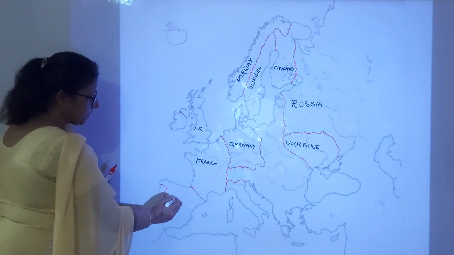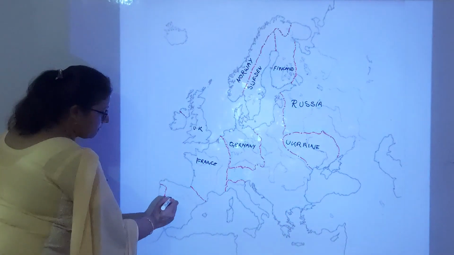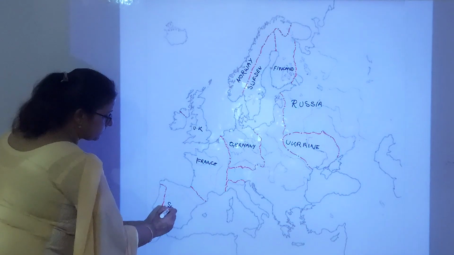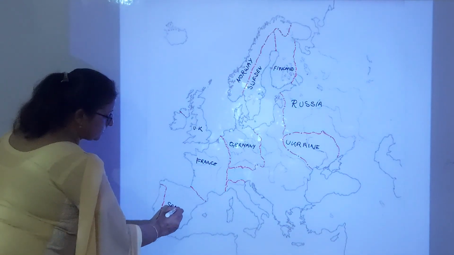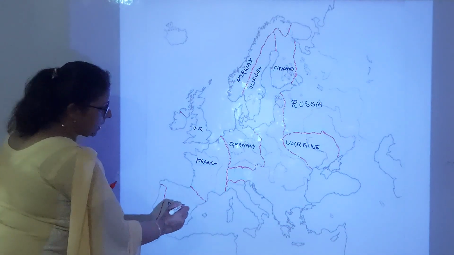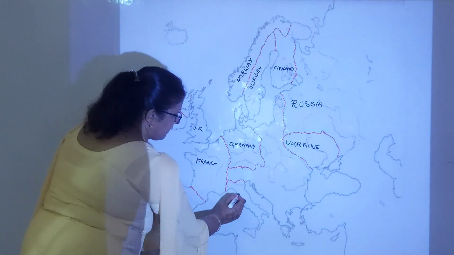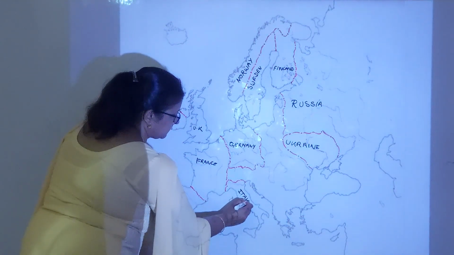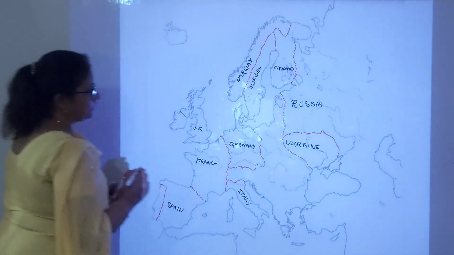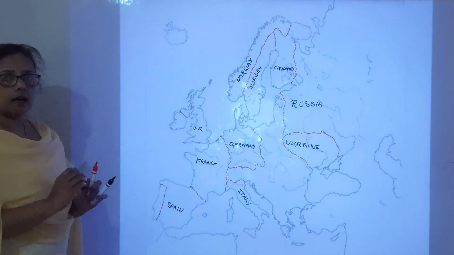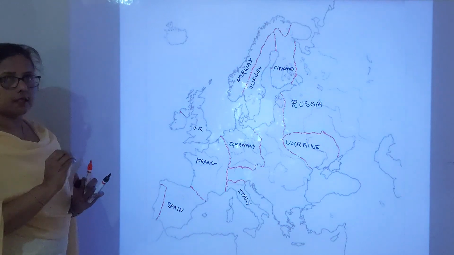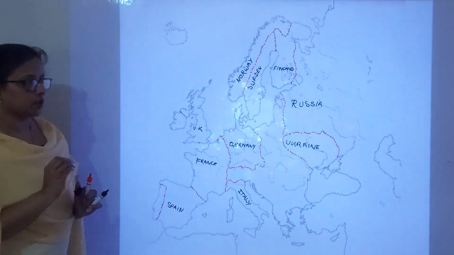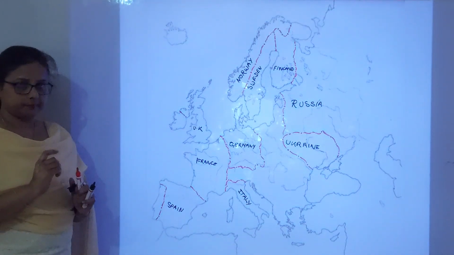Further towards the southwest, we have Spain. Here we have Italy. So these are the important countries which you are supposed to mark.